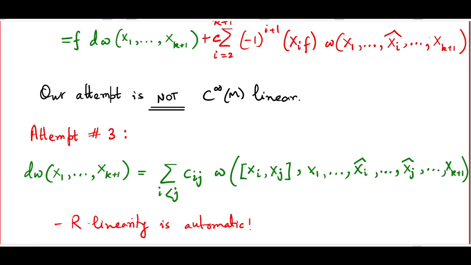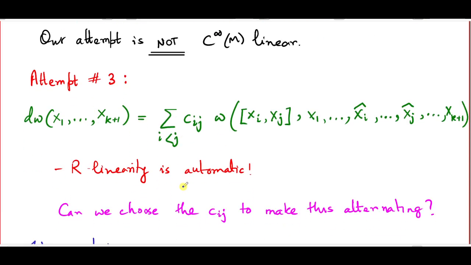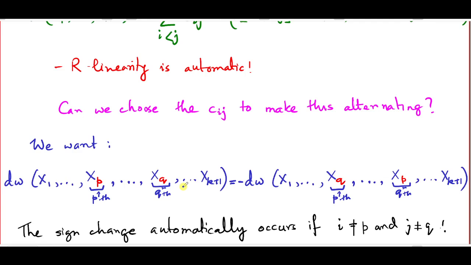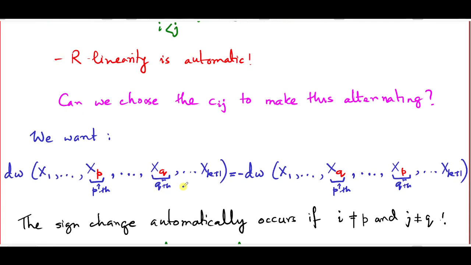Now, as with our previous attempt, our next question should be, can we choose these coefficients Cij in such a manner that the overall expression becomes alternating? That is, interchanging any two of the arguments here should give you a minus sign. Now, this is what we really want.